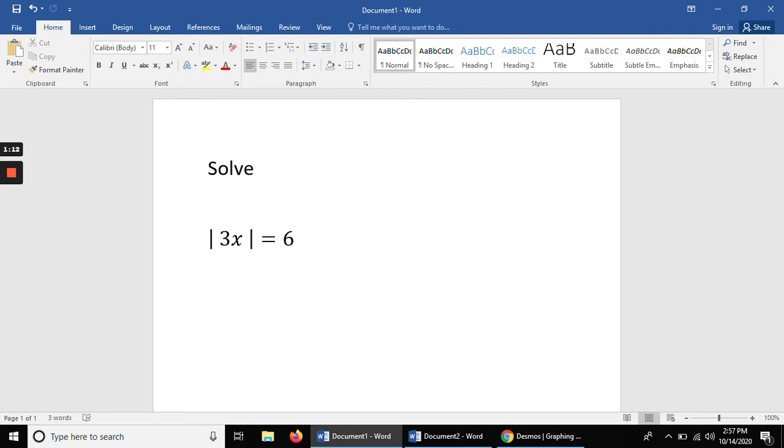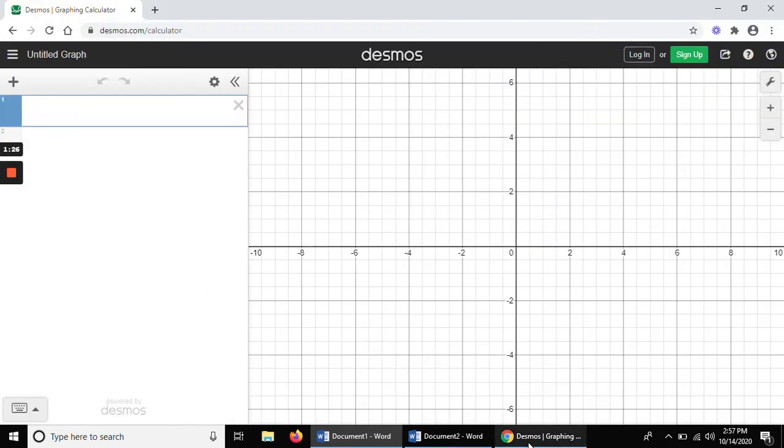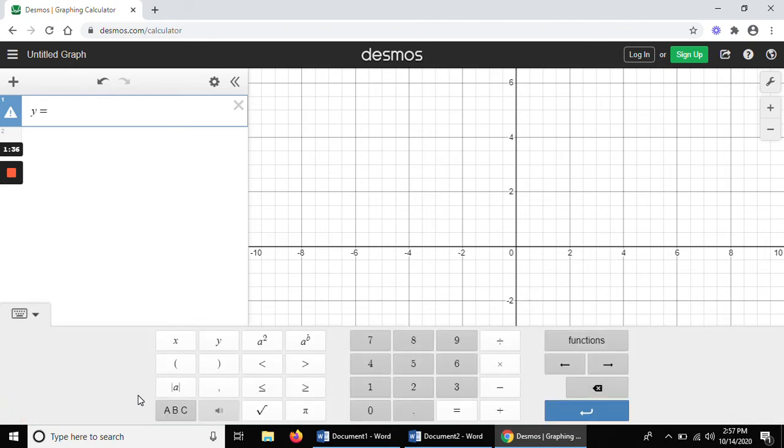I am going to write both sides, or rather each side of the equation equal to y. So y is equal to, I'm going to my keyboard right here, and where you have this symbol, that is what we're going to be using.